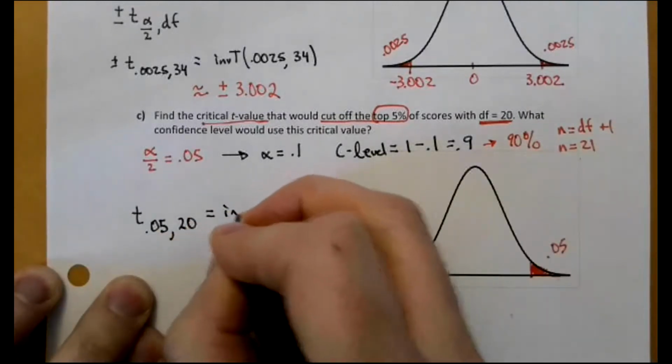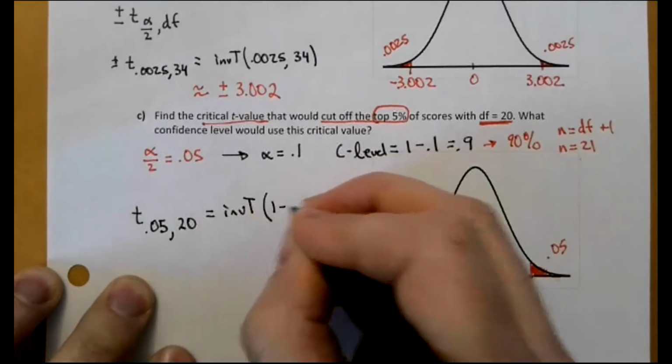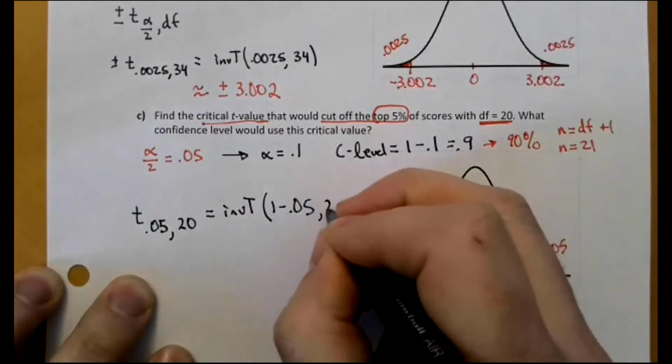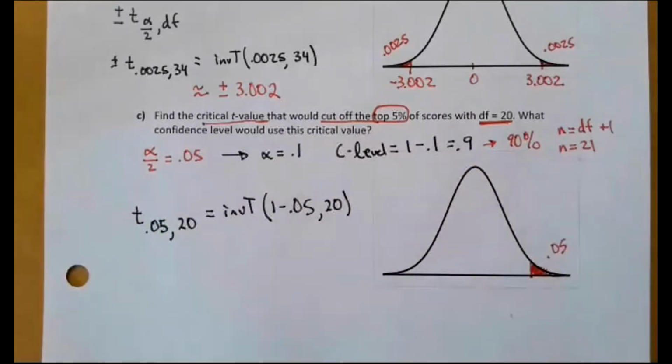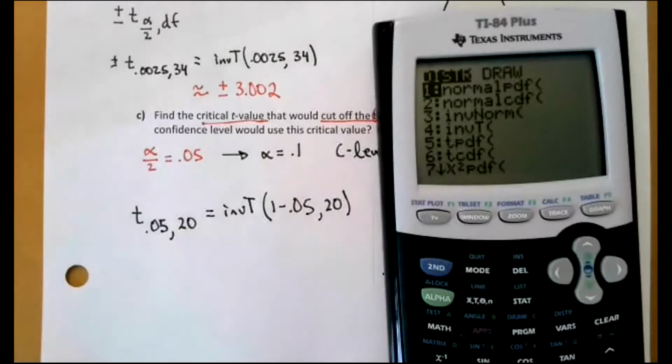Now, if I want my calculator to spit out the positive value, I'm going to have to type in 1 minus 0.05 to get the actual left tail area. I think there were 1 or 2 of you in the class that had the color calculator. On that one you could input that it's a right tail area.